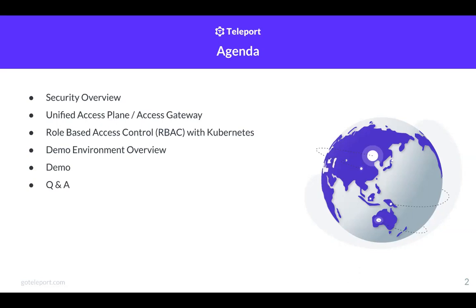I'll then move into speaking about using a unified access plane or an access gateway for accessing infrastructure. I'll then discuss native RBAC capabilities within Kubernetes. I'll then move into an overview of my demo environment, followed by an actual demo. And finally, I'll answer any questions that have been added to the Q&A chat.